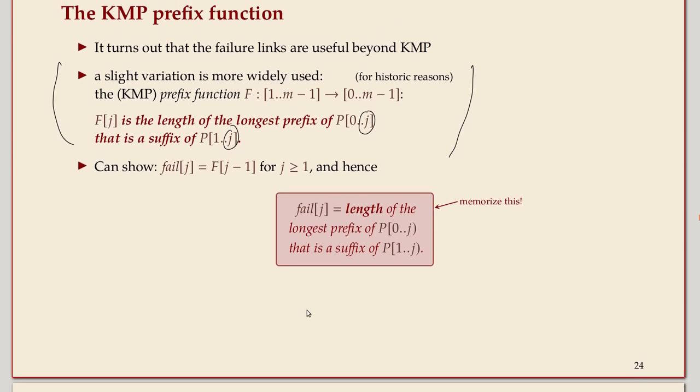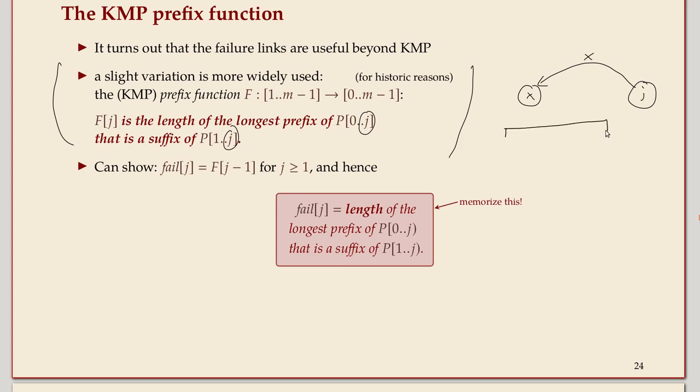So a failure link from a state J goes back to some state X. Okay, same X. This is the symbol X. This is the cross for mismatch.